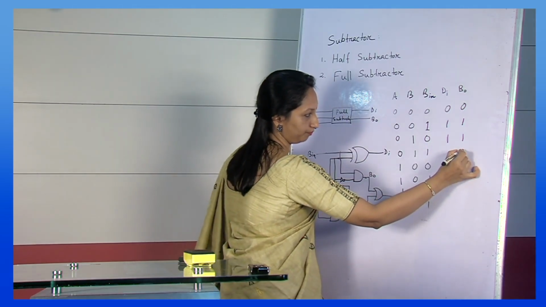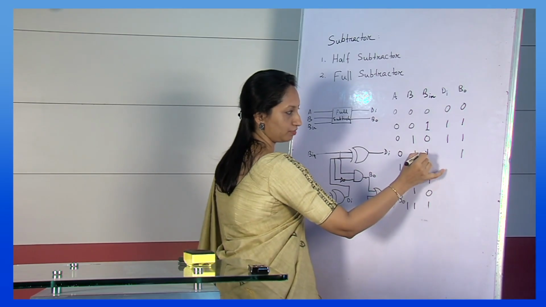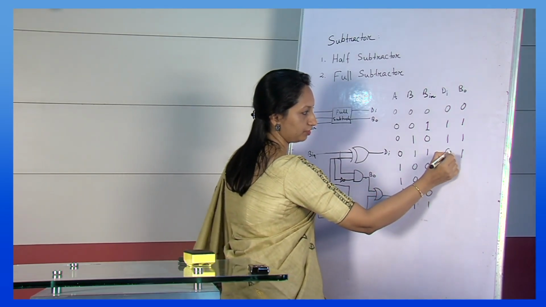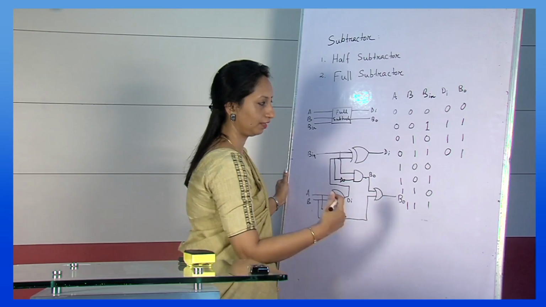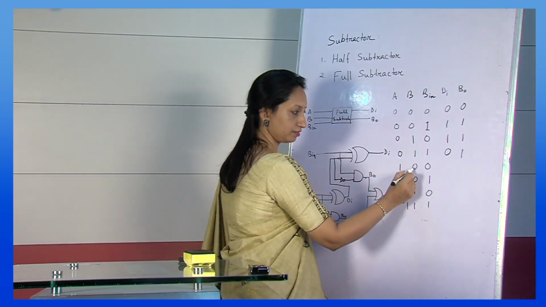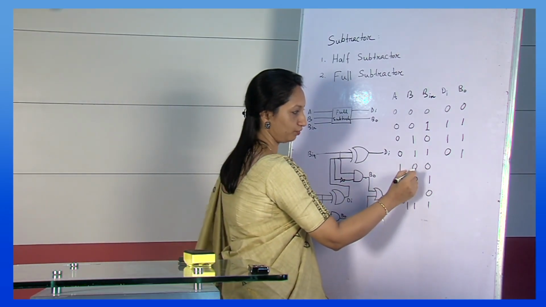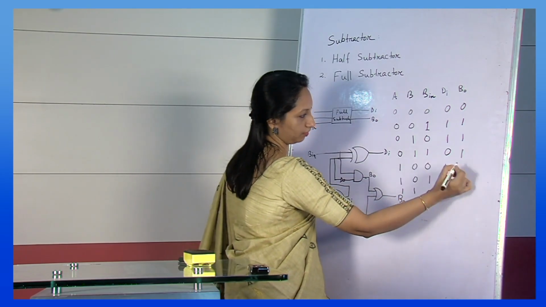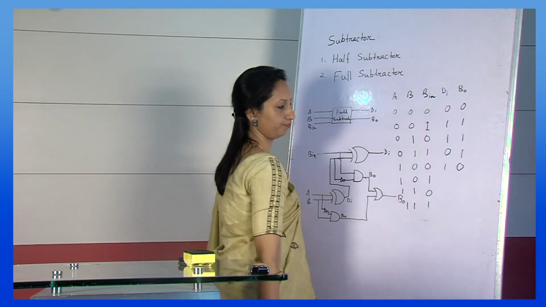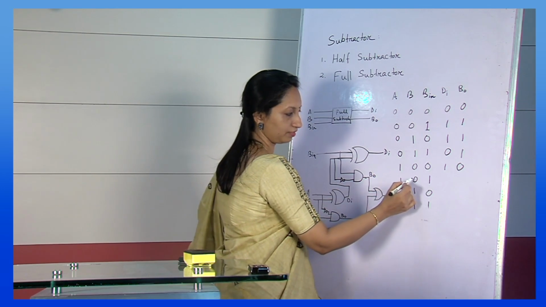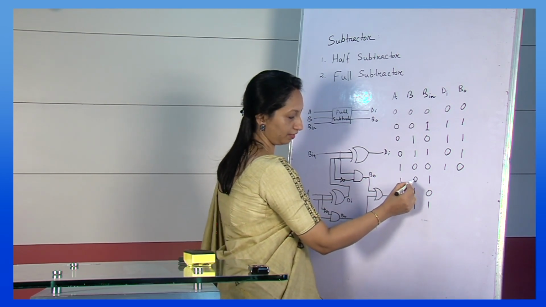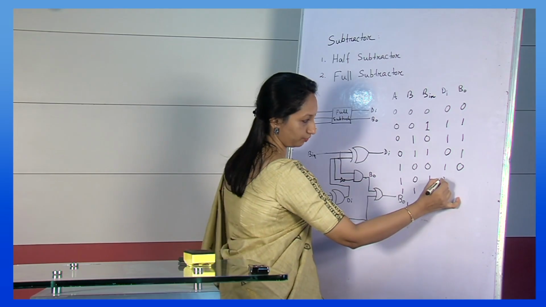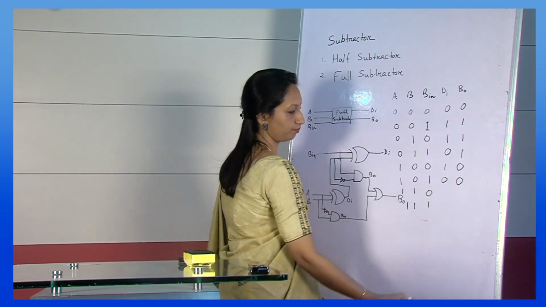Then 1 minus 1, that is 0, so the difference is 0. Next, 1 minus 0, that is 1. Again 1 minus 0, that is 1. So borrow is 0. Next, 1 minus 0, that is 1. Again 1 minus 1 is 0. So borrow is 0.